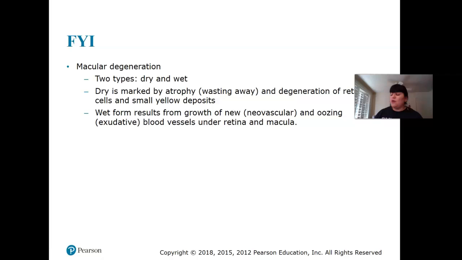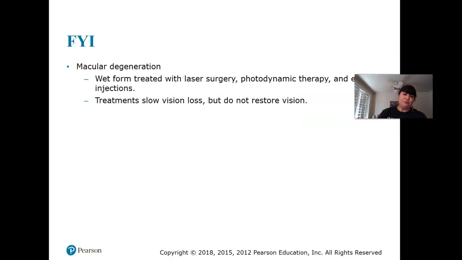So, again, there's no treatment for the dry form. For the wet form, they can do laser surgery. They can do injections. And again, early detection is really important. The treatment can slow the vision loss, but it does not restore vision.